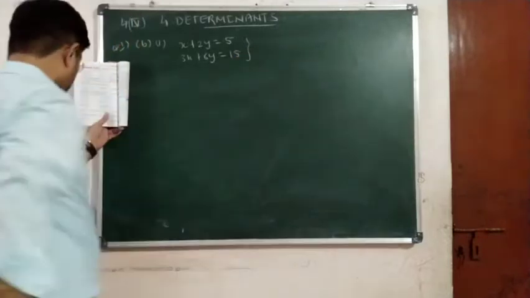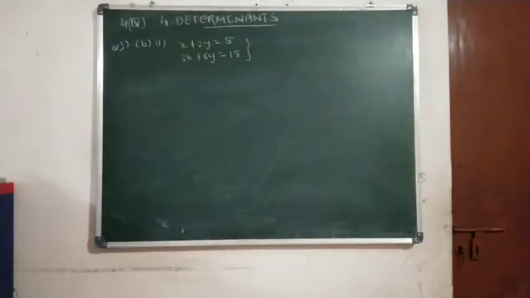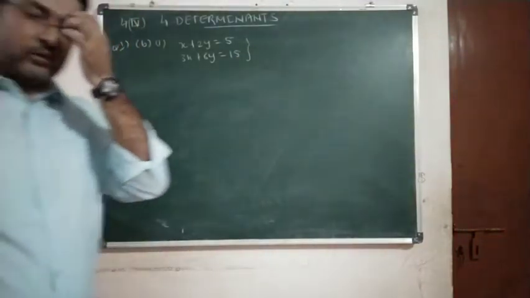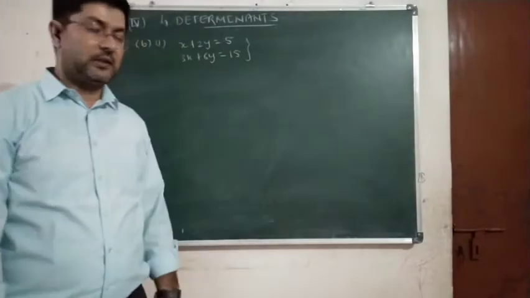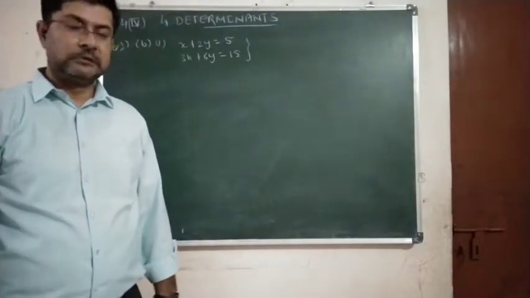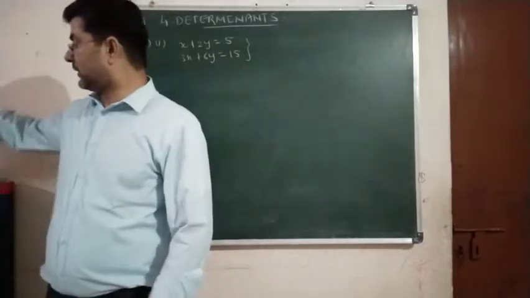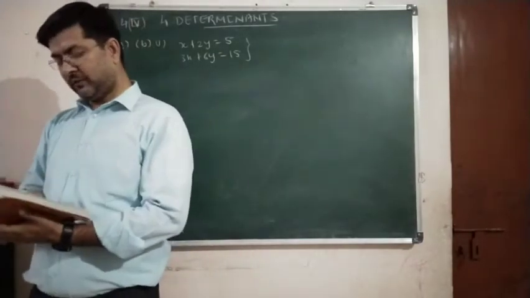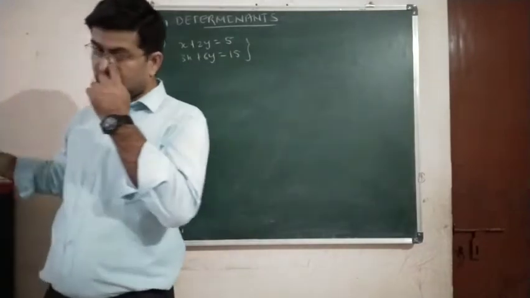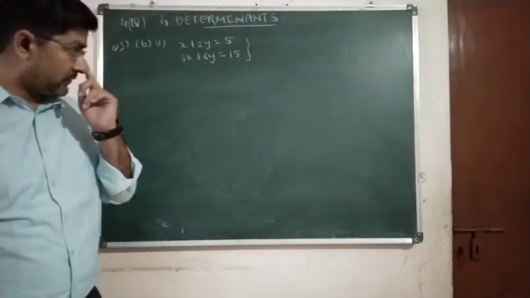We have to show that the system is consistent, and we have to solve the system and find the values of x and y. Now let us remember the conditions of consistency.